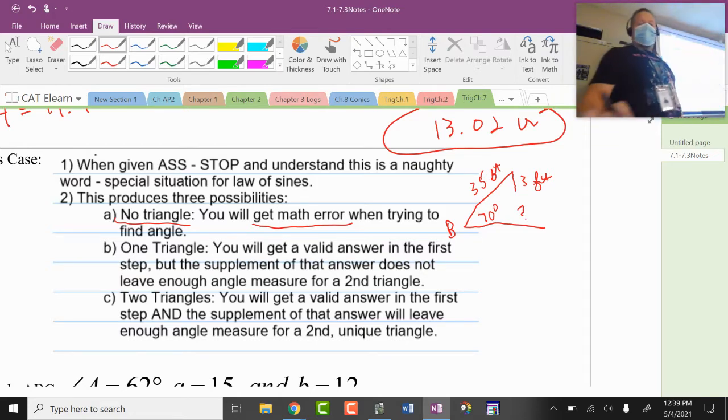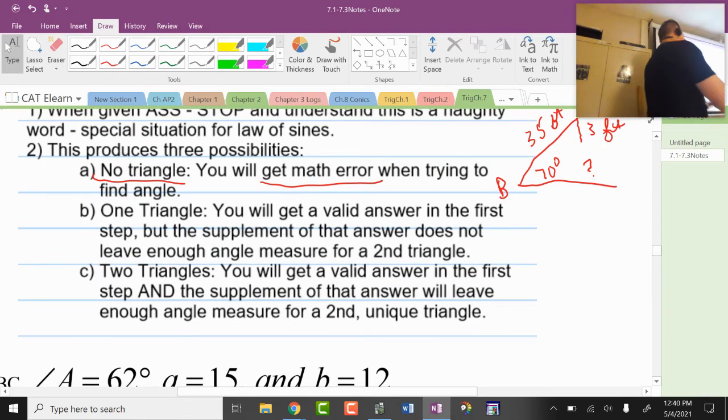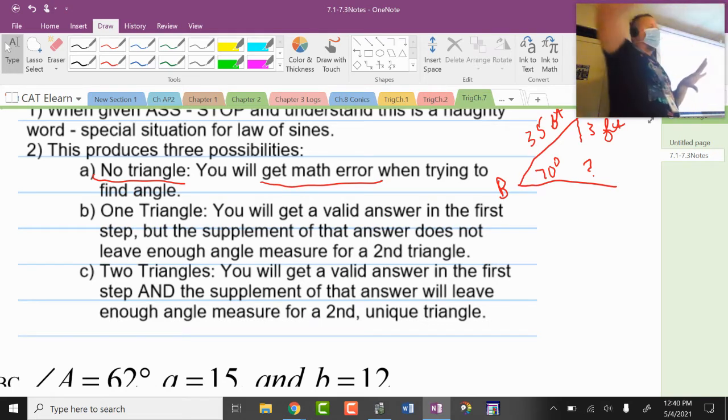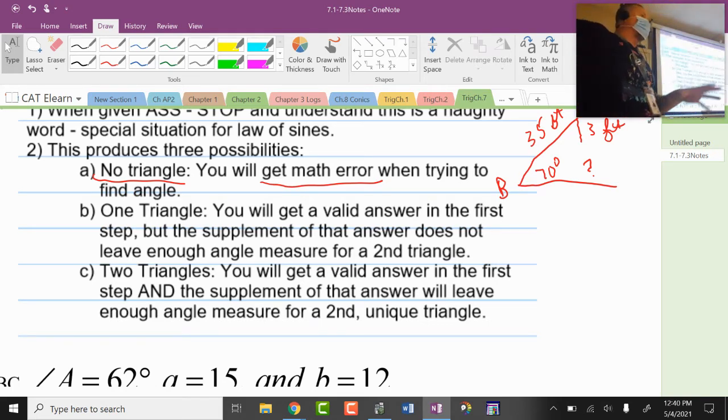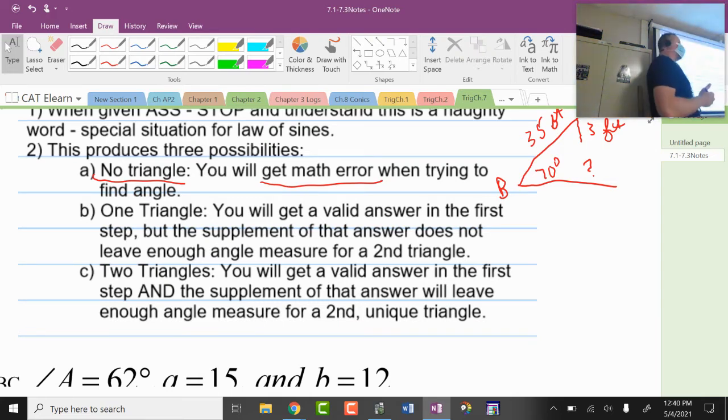Okay, but then it turns into the problem. And hopefully you at least got something about what the lady said about how there could be two triangles. So the next thing that will happen is you try to solve and you get an answer. Well, automatically, what you should try to do is find out, is there a second triangle? You should do the supplement thing. You should draw a completely different triangle that looks obtuse and see if the supplement creates a second triangle.